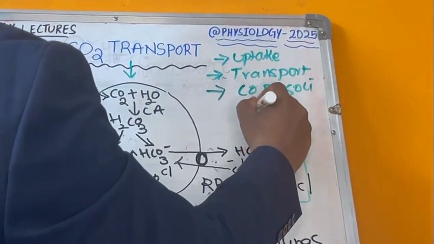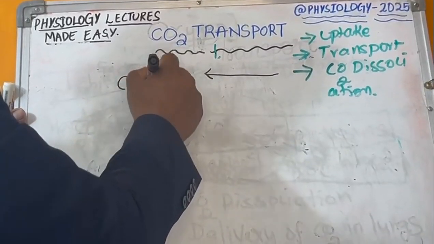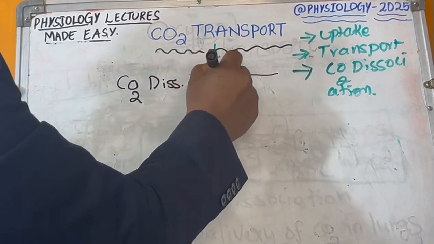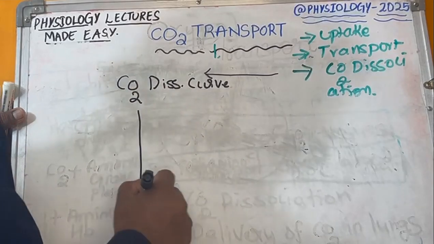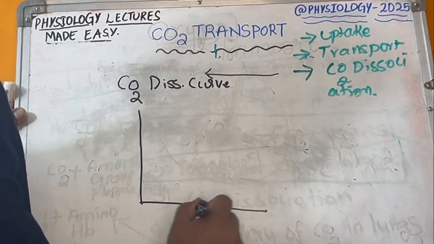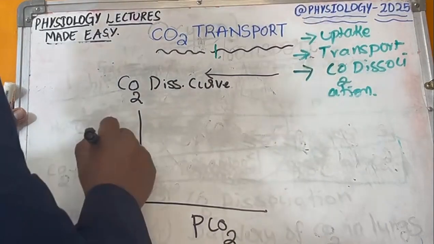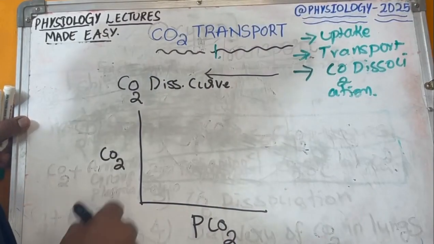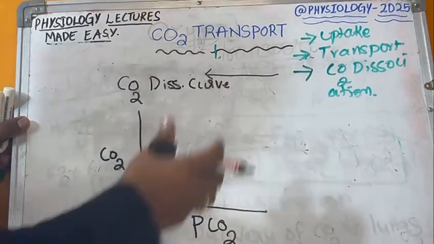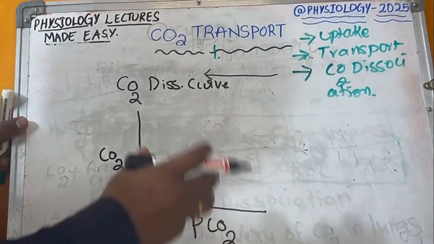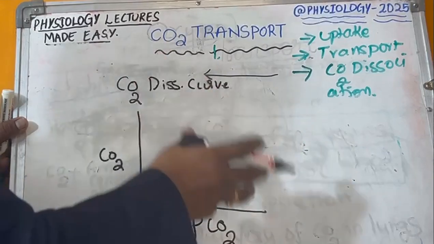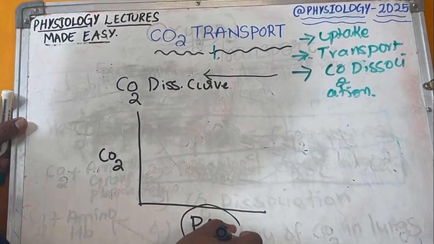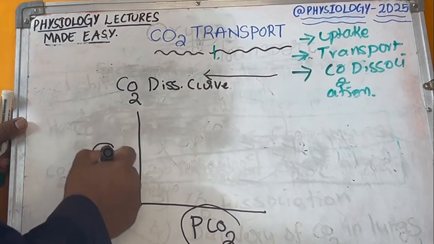Carbon dioxide dissociation curve. Okay, dissociation curve. When you draw the carbon dioxide dissociation curve, you plot partial pressure of carbon dioxide and carbon dioxide level on the x-axis and y-axis. It is a relationship between the partial pressure of carbon dioxide and carbon dioxide level in the blood.